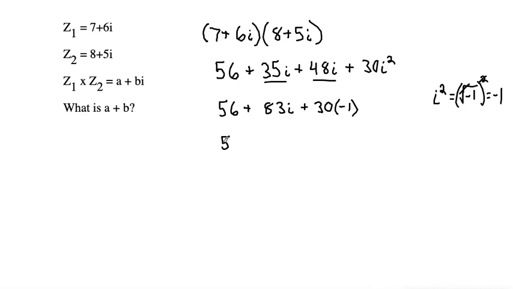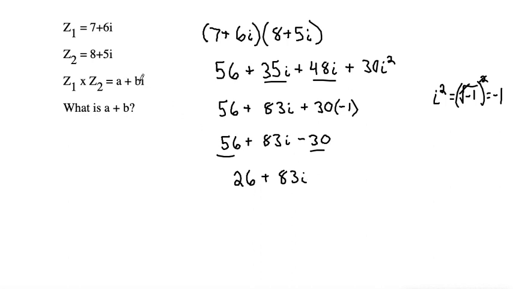Multiplying that out, we get 56 plus 83i minus 30. And now combining some more like terms, 56 minus 30 is 26. So that makes 26 plus 83i.